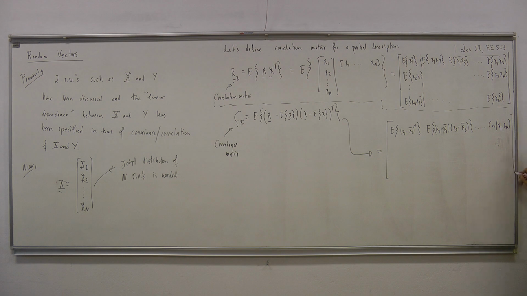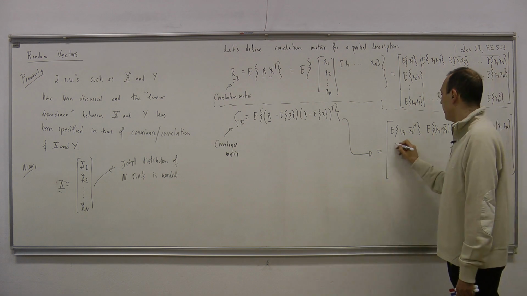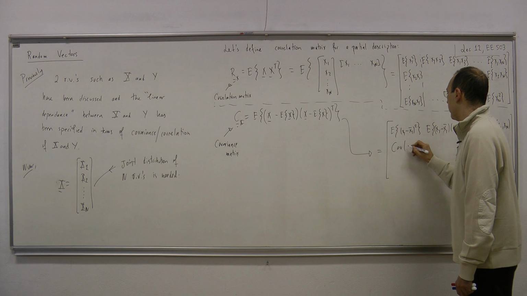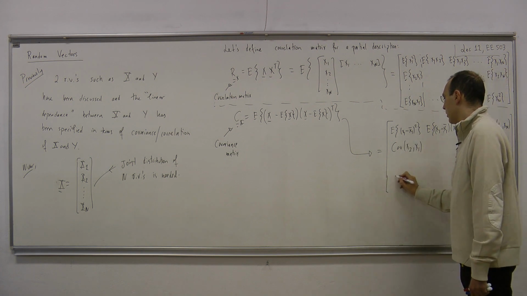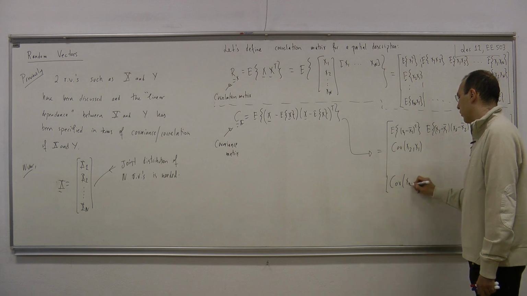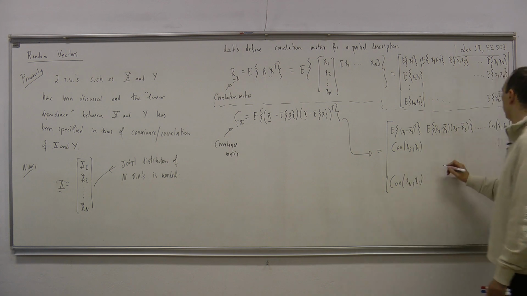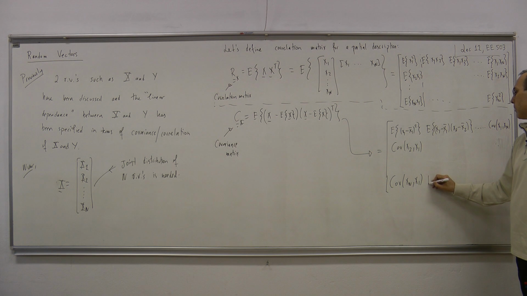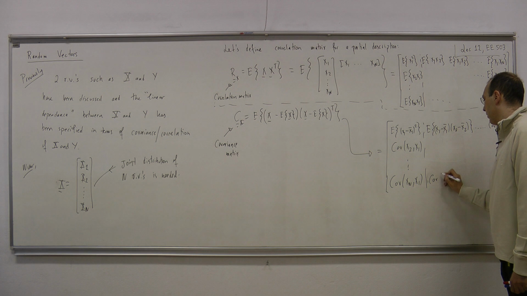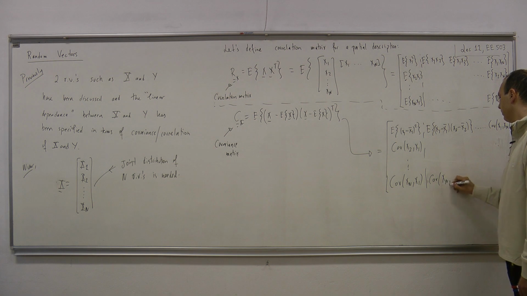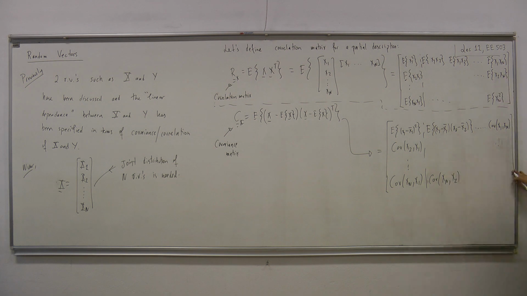Hope you will agree. Now this one is covariance of x2 comma x1. This one is covariance of xn comma x1, and so on. This is the first column. Then xn comma x2, and the last one is, you may say, the variance of xn.